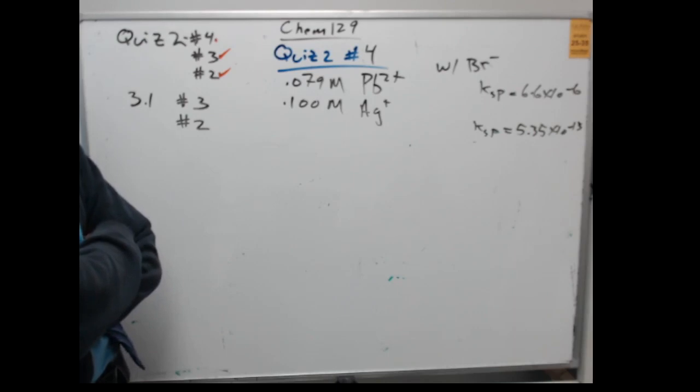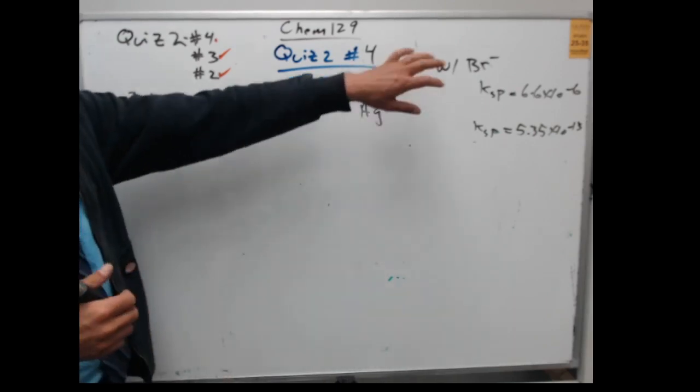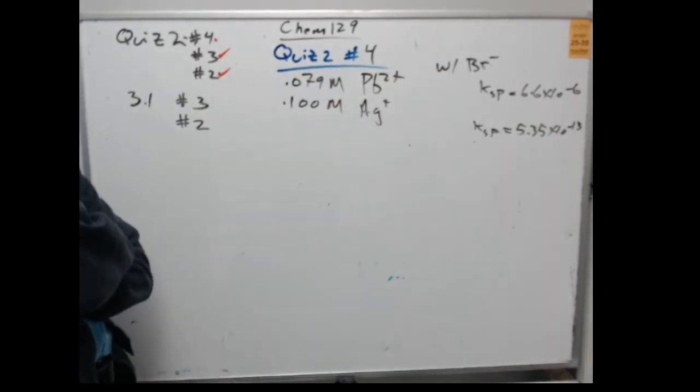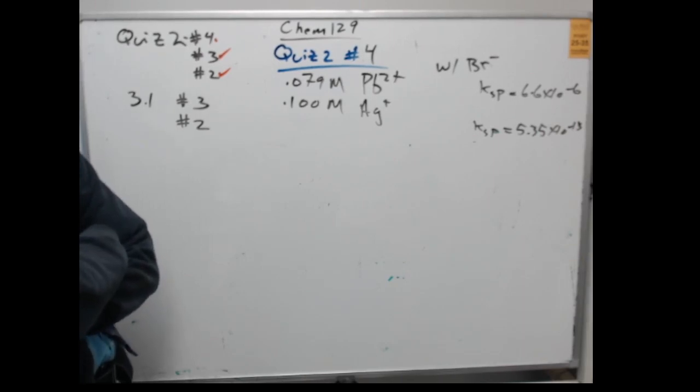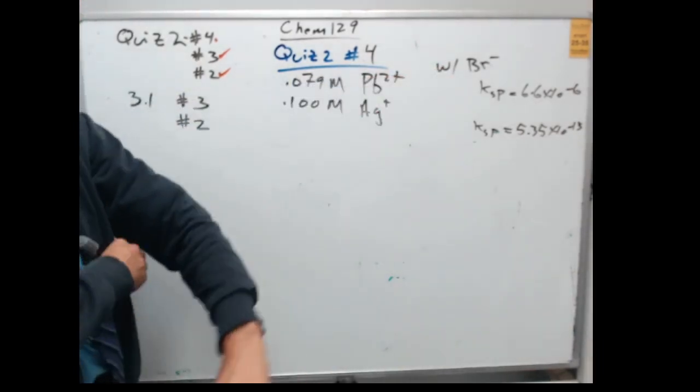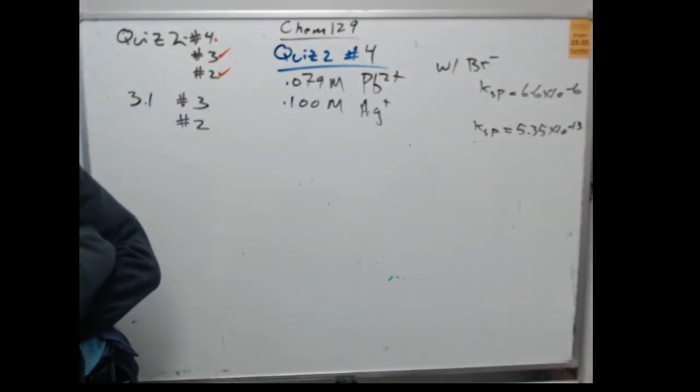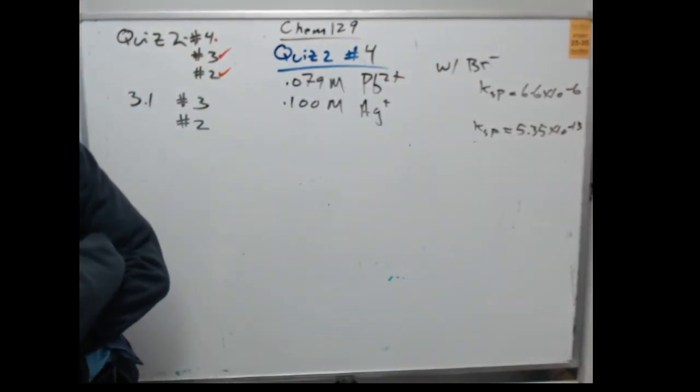If I put the same anion in, in this case bromide, I'm going to have a competing equilibrium. Lead's going to try to take up that bromide, and silver's going to try and take up that bromide. They're going to take up that bromide at different amounts because they have different KSPs associated with them.